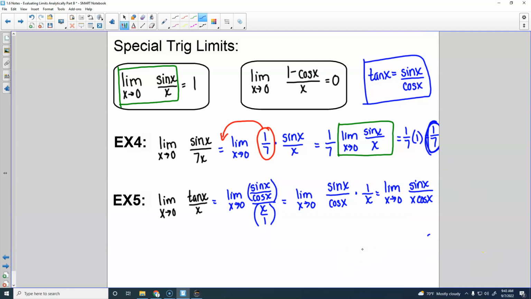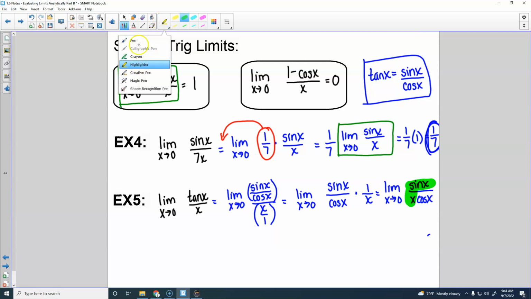Now, at least I don't have tangent anymore. At least I have sine, right? But that is not one of my special limits either. But it kind of has a special limit hidden in it, right? Because right here, I've got sine x over x. It's just I've also got that cosine over there. So when we're multiplying fractions, we just multiply straight across. We could break this back apart.